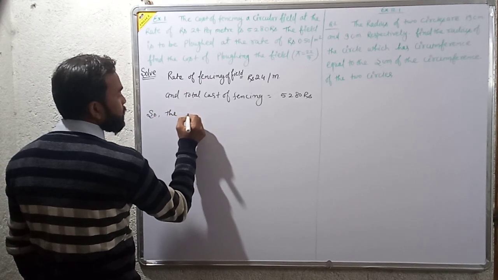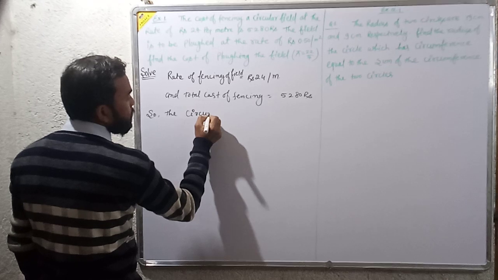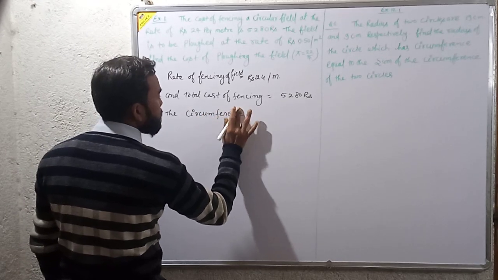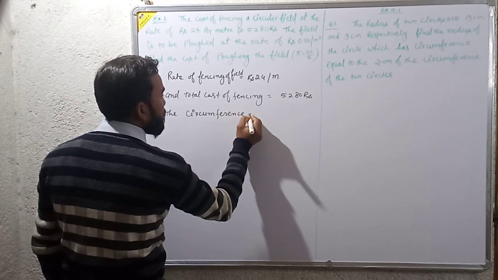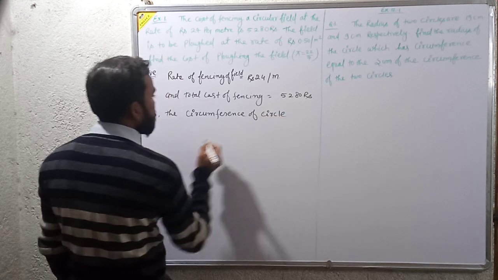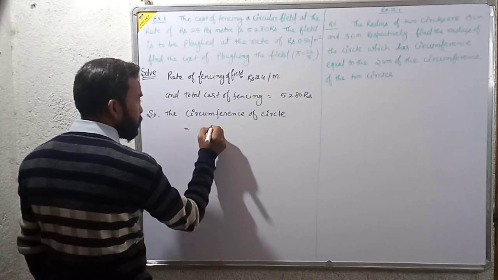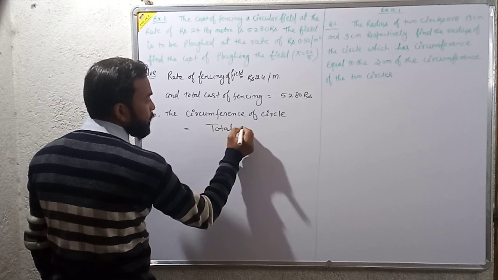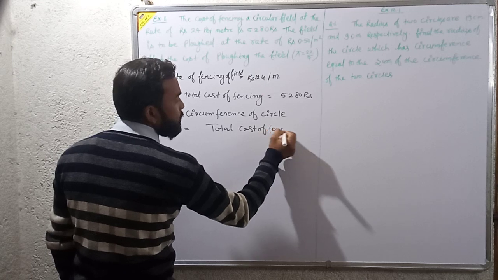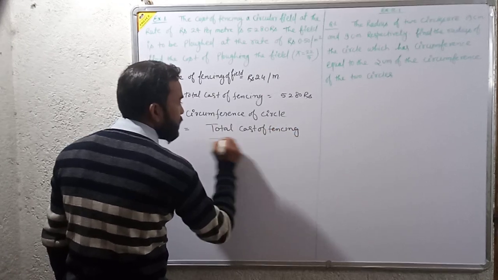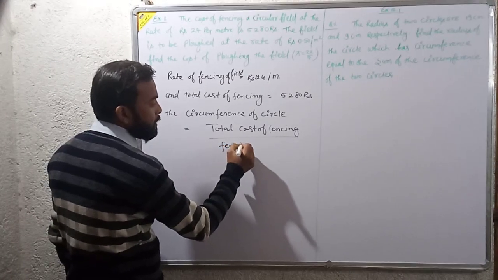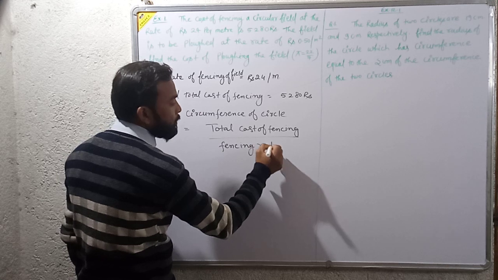So the circumference of the circle is equal to the total cost of fencing divided by the fencing rate.